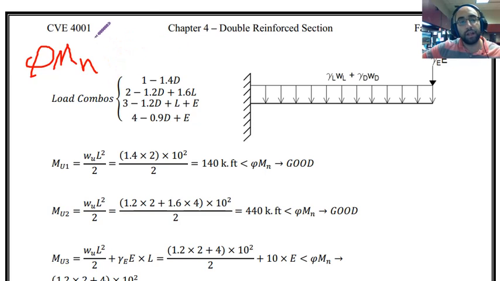But if this value is greater than Mu, it means the section has enough strength to carry the load. If we put them equal to each other and based on that find the load, that will be the maximum load that the section can carry before failure.